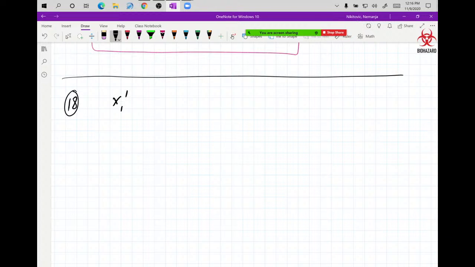x1 prime is x1 plus 2x2 plus 2x3. x2 prime is 2x1 plus 7x2 plus x3.